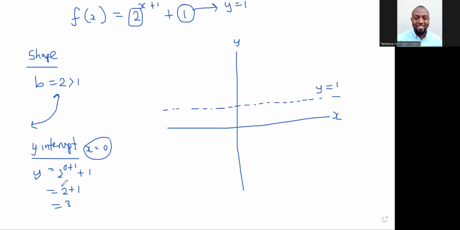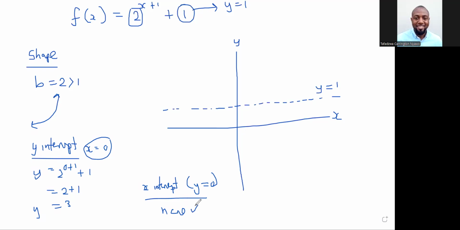So my y-intercept is (0, 3). Now I need to find my x-intercept. For the x-intercept, y is 0. I don't think I have an x-intercept, so it's none there.